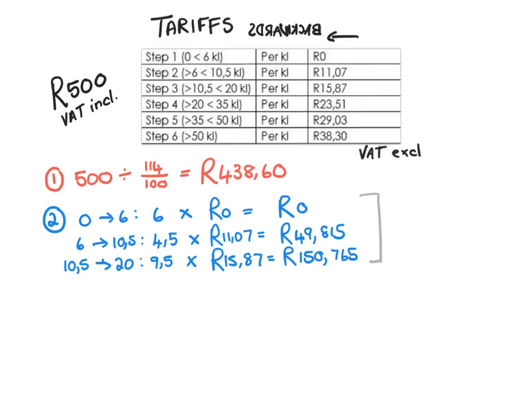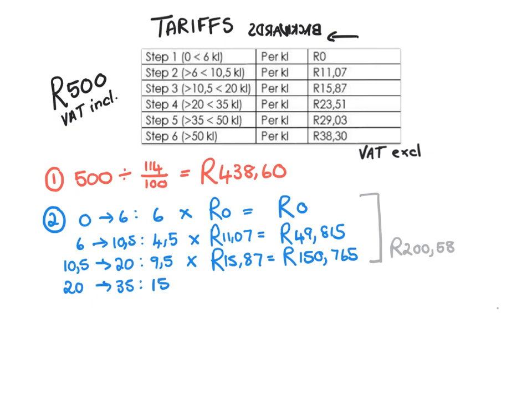At this stage, it's nice to see where you are at. So if you add these two together, the 150.765 and the 49 Rand 815, it gives you 200 Rand and 58 cents. So we are getting closer to 438 Rand. So let's see what happens if I use the next bracket. The next bracket goes from 20 all the way to 35.